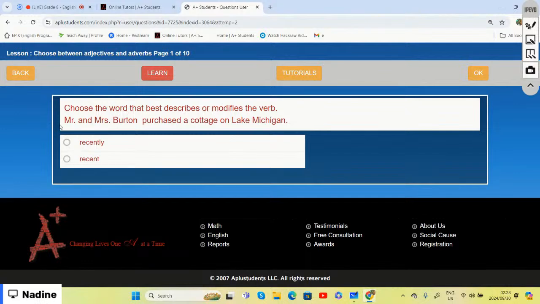It says, Mr. and Mrs. Burton, do we say recently purchased a cottage on Lake Michigan, or do we say recent purchased a cottage on Lake Michigan? We need to choose the correct answer. Option 1 or option 2?